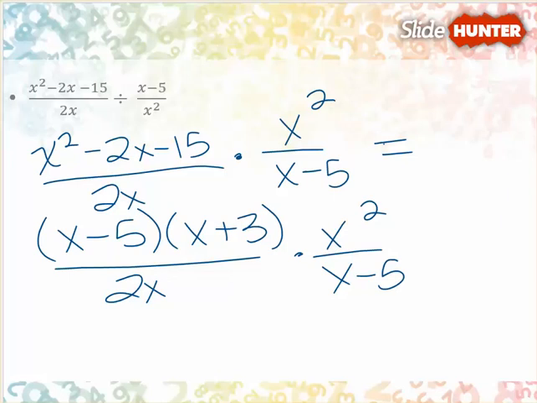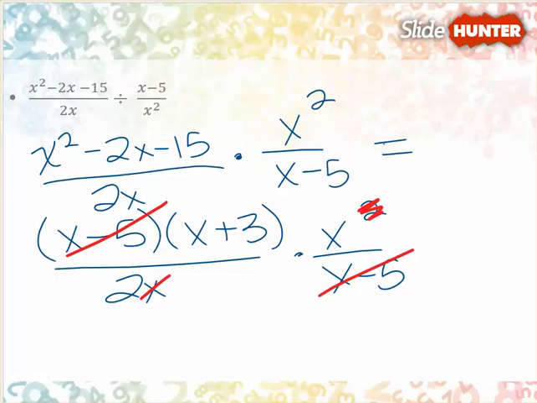This means before we multiply, we're going to reduce. We can simplify anything on the top that's divisible by anything on the bottom. So I notice I have an x minus 5 and an x minus 5. Those cancel out. Also, I have an x squared and an x. So dividing both by x means I'm going to get rid of the squared. So I just have the x on the top.